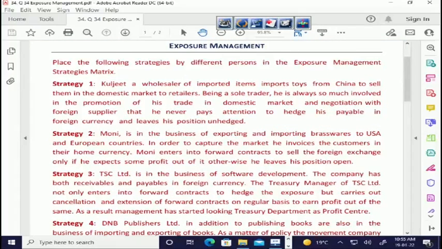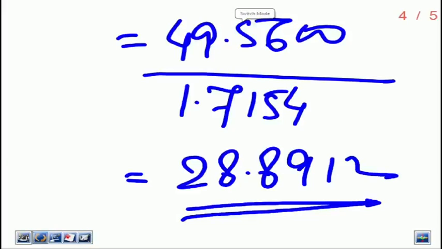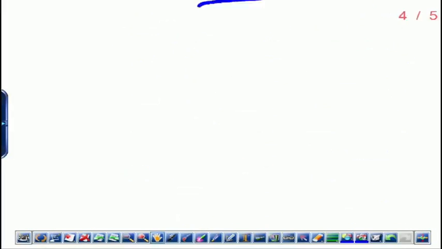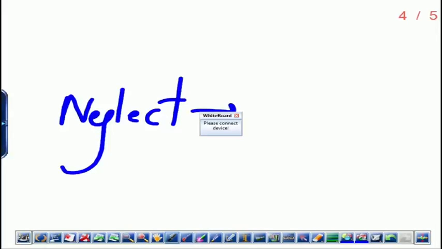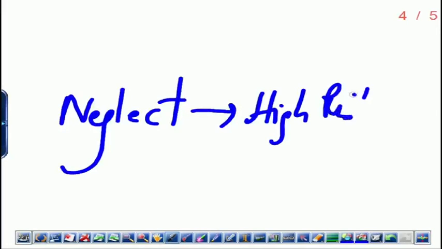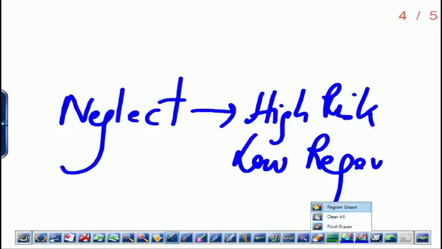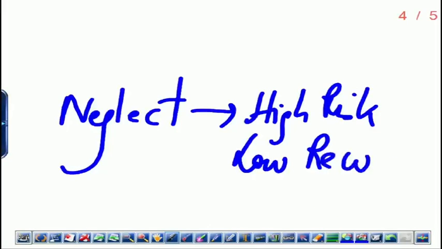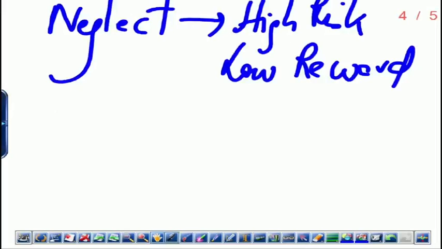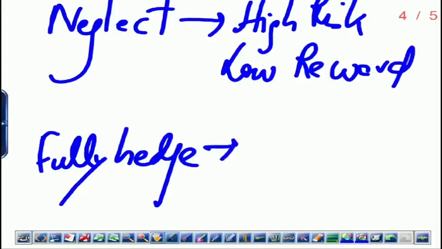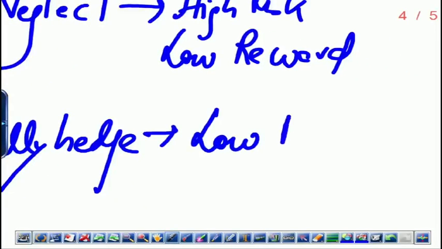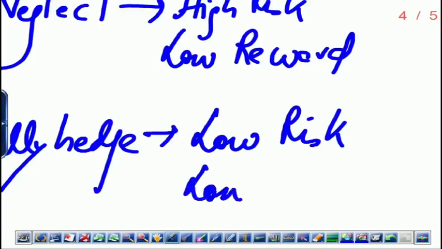Before I discuss the sum, let me explain what is happening over here. When a company is facing currency risk, the company can either neglect it. If the company neglects the exchange rate risk, then this is high risk, low reward. That's the worst way of handling foreign exchange. If you fully hedge it, then it's obviously low risk, low reward.